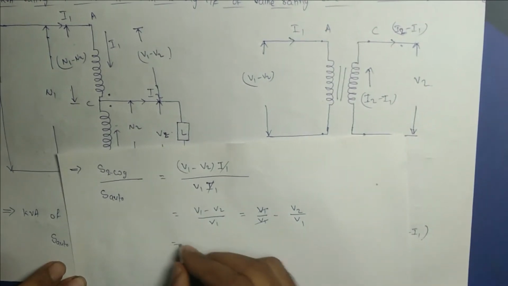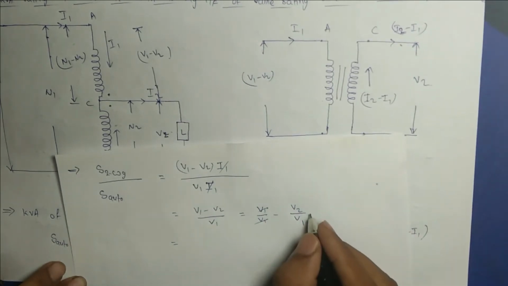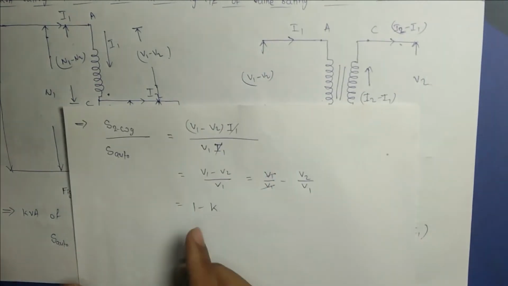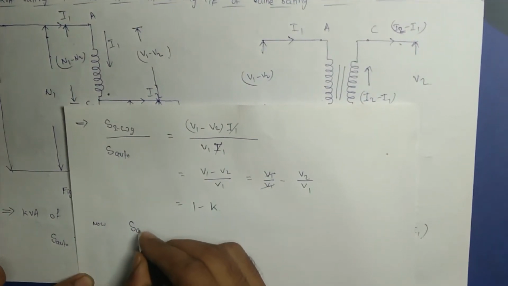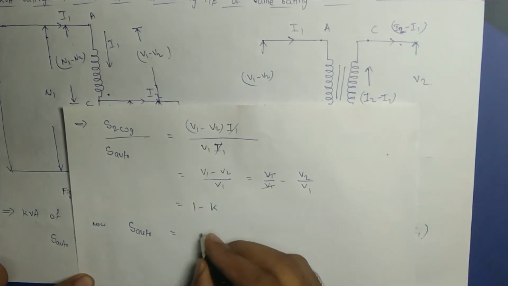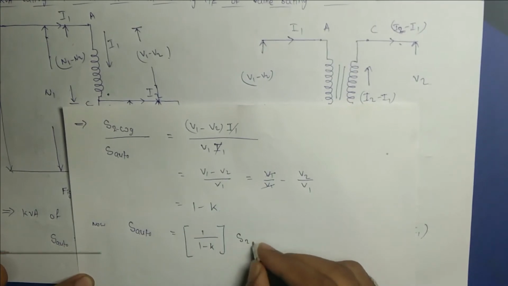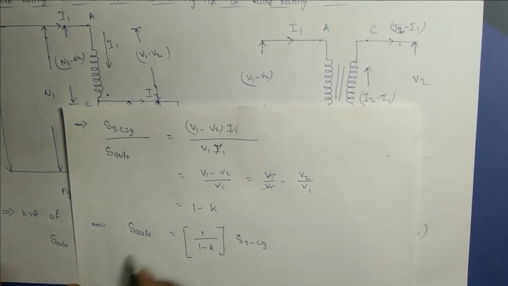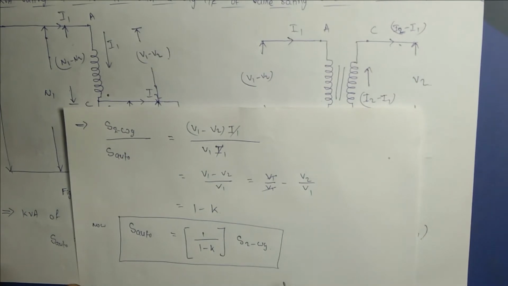V1 by V1 is 1. We know transformation ratio K is equal to V2 by V1. Hence I replace V2 by V1 with K. Now kVA of auto transformer is equal to 1 by 1 minus K into kVA of two winding transformer. From this discussion it is clear kVA of auto transformer is more than the kVA of two winding transformer when same amount of material is used.